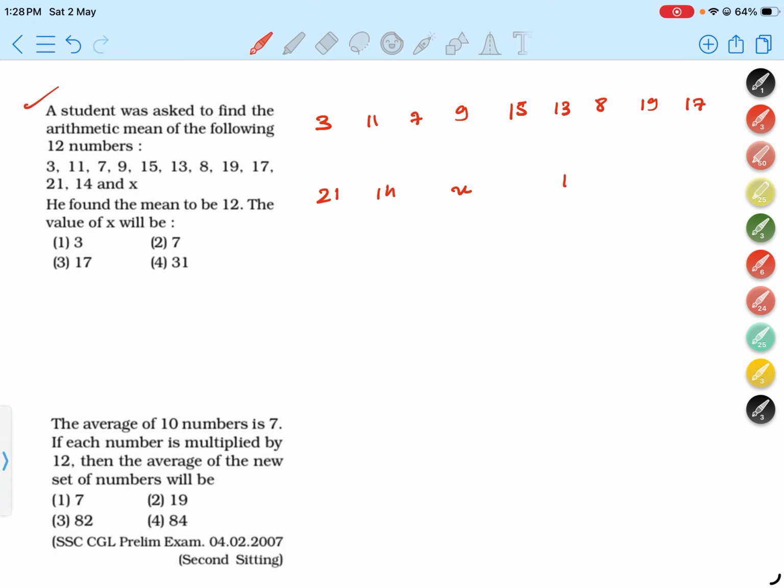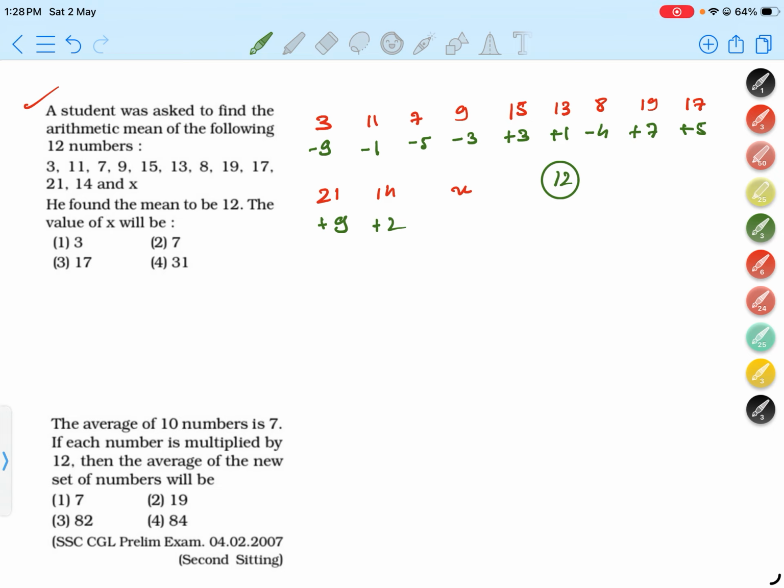Since the mean is given as 12, if the mean is given as 12, so 3 is 9 smaller than 12. Similarly 11 is 1 smaller, this is 5, this is 3, this is 3 greater than 12, also 1 greater, this is 4 smaller, this is 7 greater, this is 5 greater, this is 9 greater, this is 2 greater, and then let us leave this x as it is.